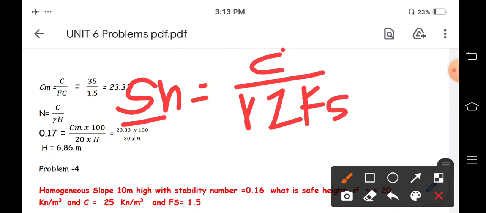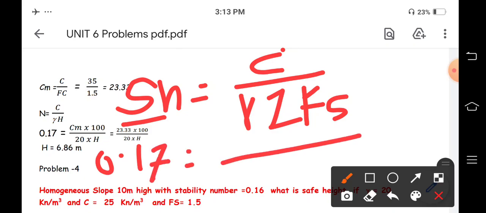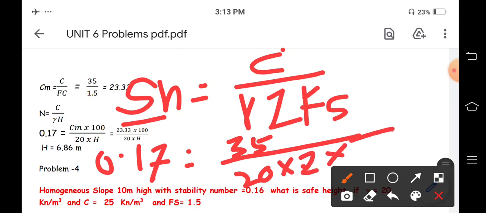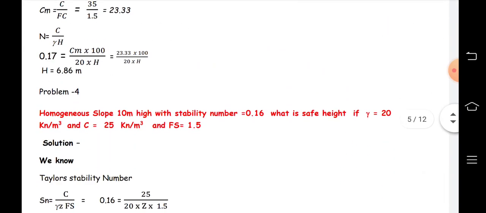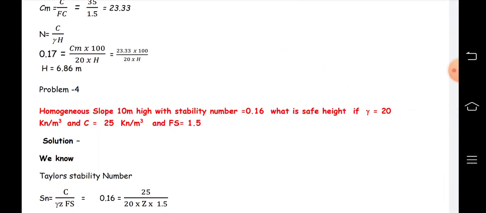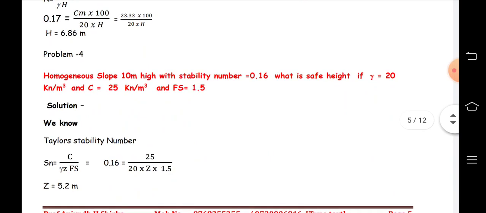So 0.17 equal to C, the value of C is 35, upon the value of gamma, which is 20, into Z into Fs. So Fs is 1.5. Okay, from that calculate the value of Z. We get the value of Z, that is the height of the slope, as 6.86 meter.